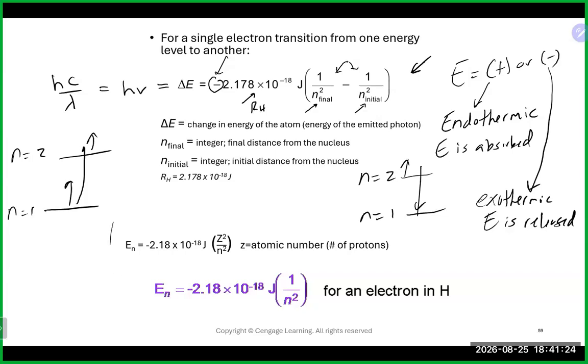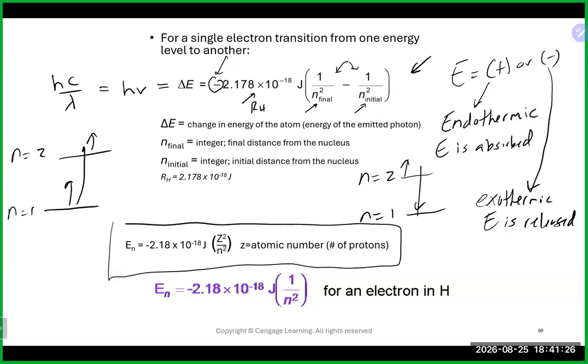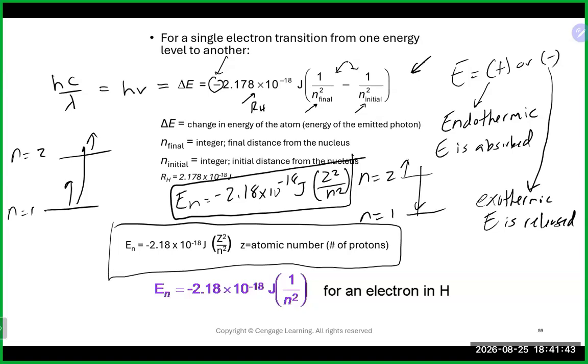Now, this equation right here is basically the same equation. E of n is equal to minus 2.18 times 10 to the minus 18 joules times Z squared over n squared. This is the energy associated with an electron on a specific energy level in hydrogen.